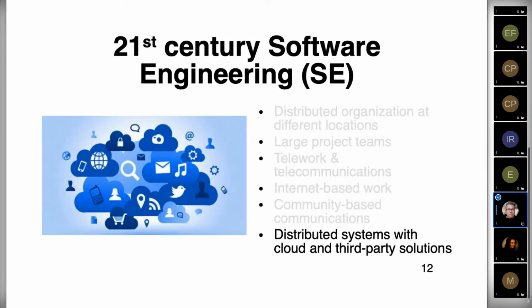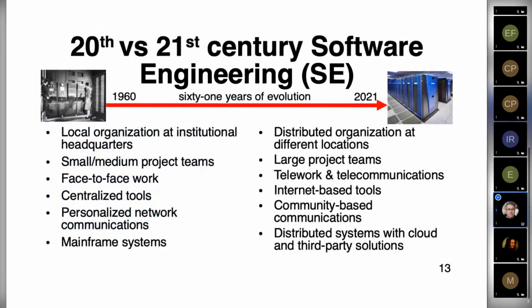And what I want to highlight is precisely that when you make a comparison between the 20th and the 21st century software engineering, you will find that in those 61 years of evolution, the change was drastic, and we cannot keep doing software engineering the same way that we did it 60 years ago.